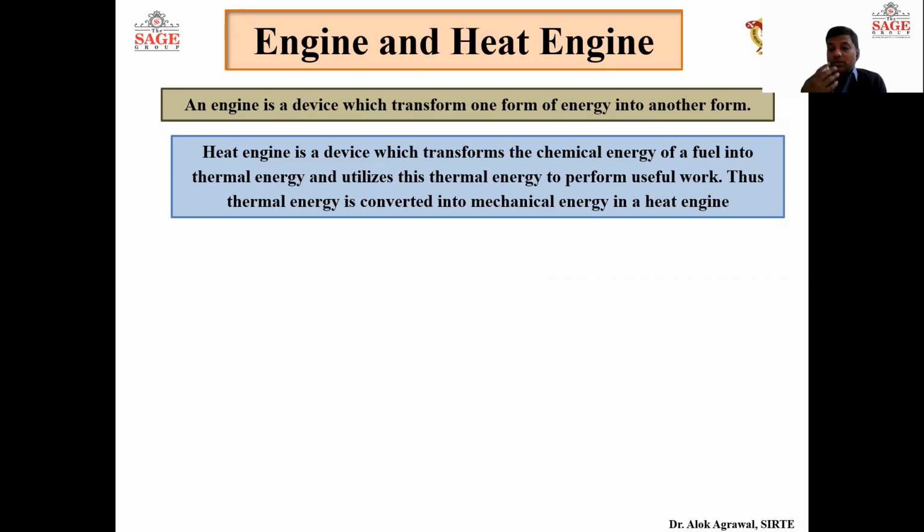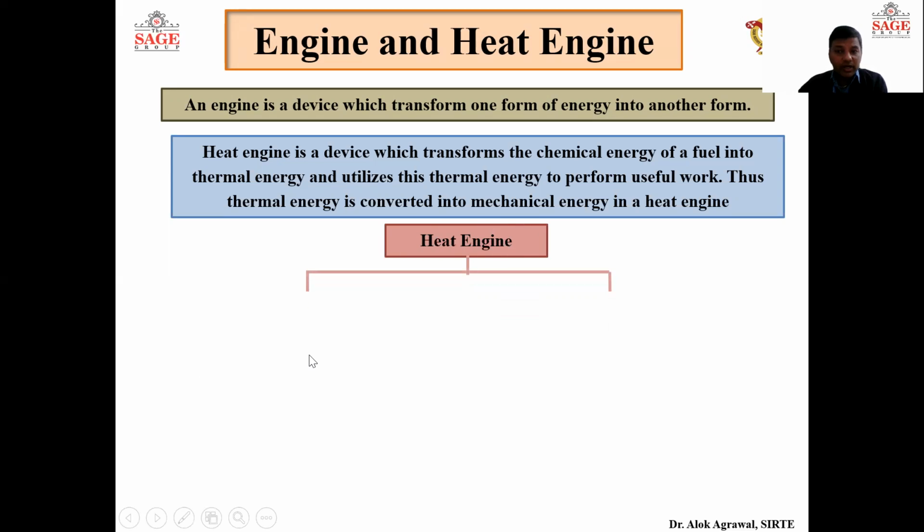First, the fuel burns because it has some chemical energy, so it is converted into thermal energy, and we utilize that thermal energy to do some useful work. So ultimately we are converting chemical energy into mechanical energy, or thermal energy into mechanical energy. Any device which converts thermal energy into mechanical energy is called a heat engine.